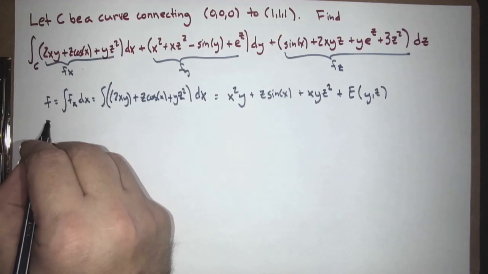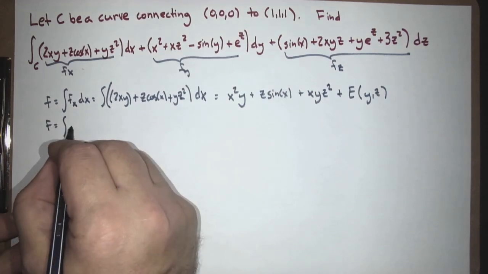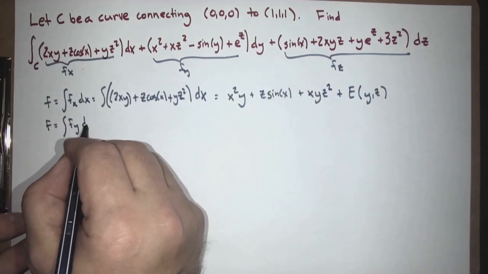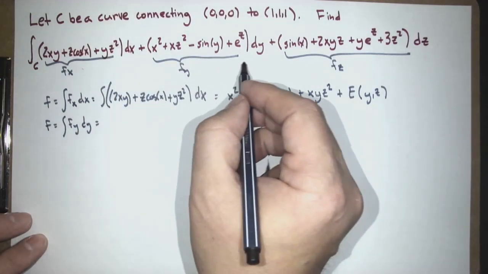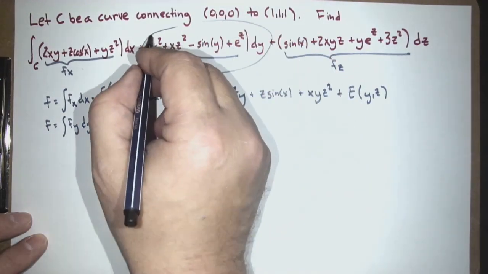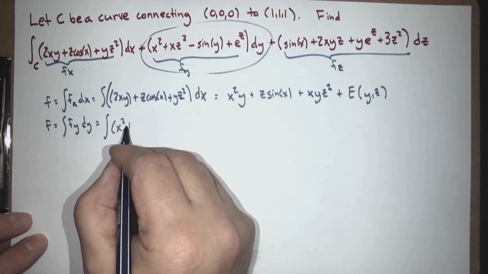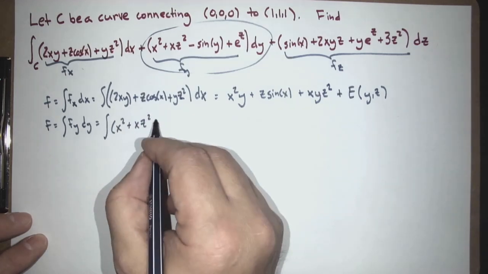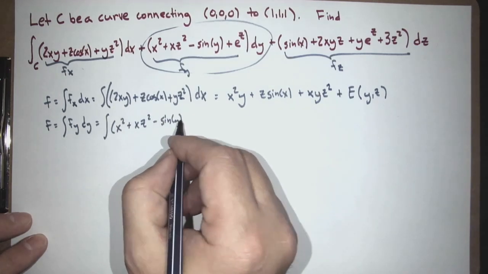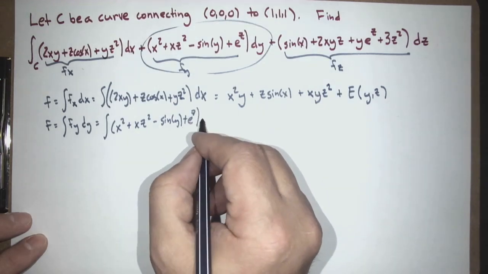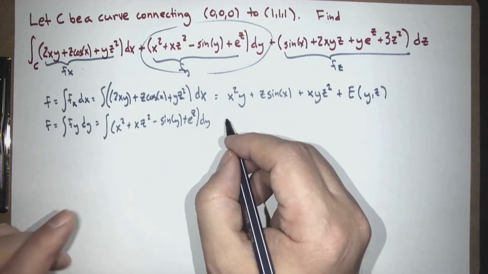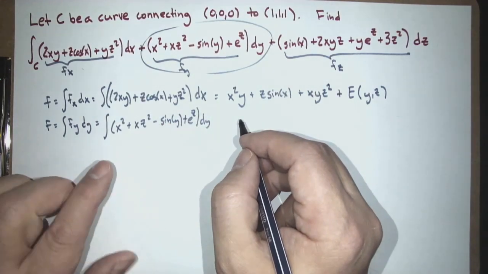But another way to look at f is to integrate f sub y with respect to y. So I'm really grabbing this whole thing, even the dy part, and integrating that. So the integral of x squared plus xz squared minus sine of y plus e to the z dy. Integrating with respect to y, x and z are constants.